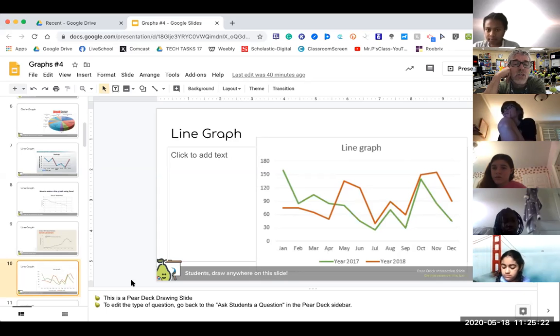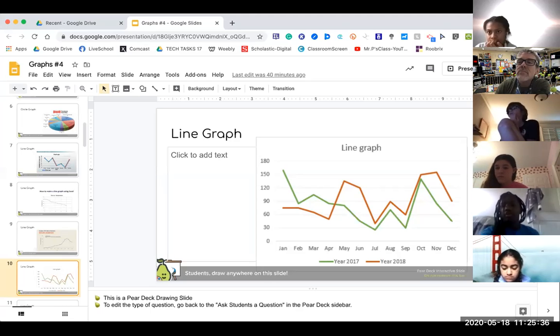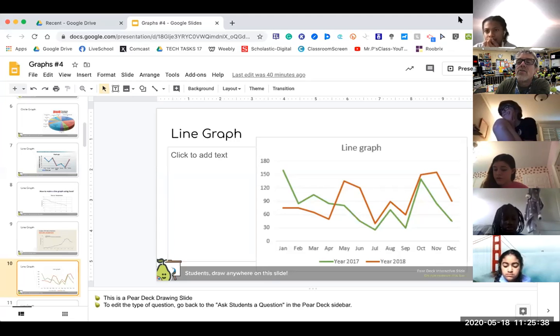We don't have temperatures in the hundreds, 180. And because there's no key that says it's in degrees or anything, Fahrenheit or Celsius. So we know that it couldn't be temperature because of the y-axis. The numbers wouldn't work, right?